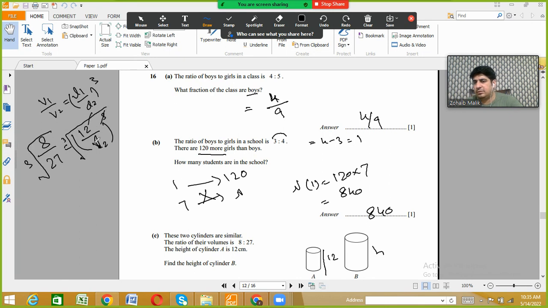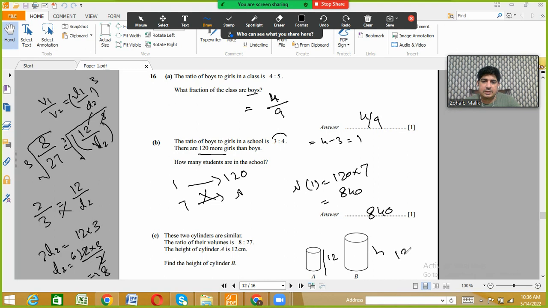The cube root will cancel with the cube. So the cube root of 8 is 2 and the cube root of 27 is 3. It means 2 over 3 equals 12 over length 2. Now let's do the cross multiplication: 2 L2 is equal to 12 times 3. So L2 is equal to 12 times 3 over 2. 2 6s are 12, so 6 3s are 18. So this is 18 centimeters.